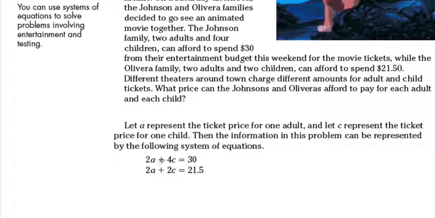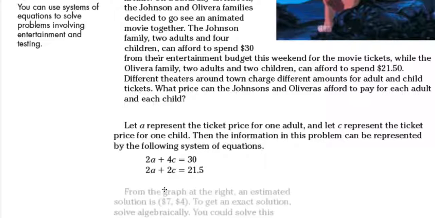Equation number one, 2a plus 4c equals 30, because you have two adults and four children for the Johnsons. And for the Oliveira family, 2a plus 2c equals $21.50, because they can only afford to spend $21.50, and $30 for the Johnson family.